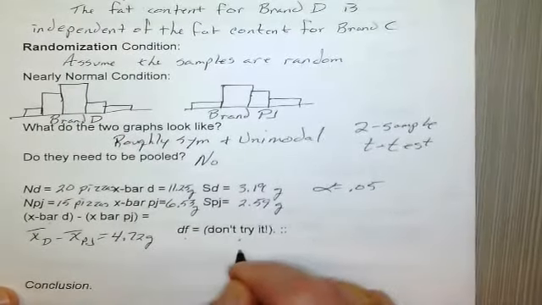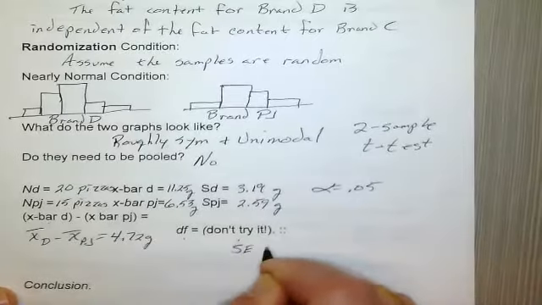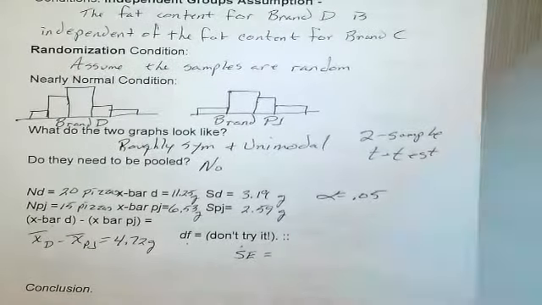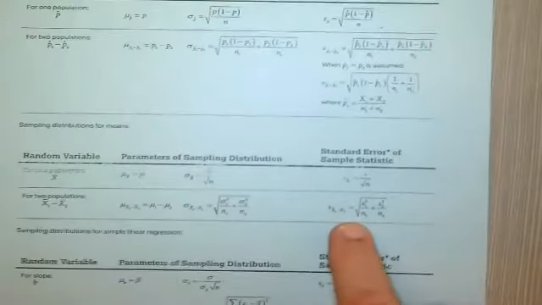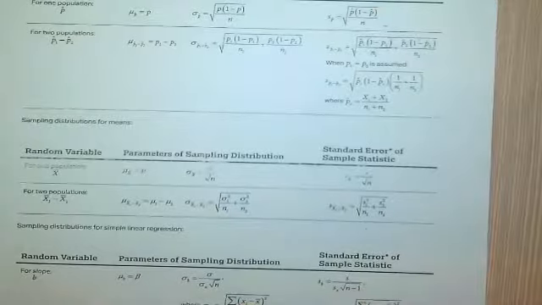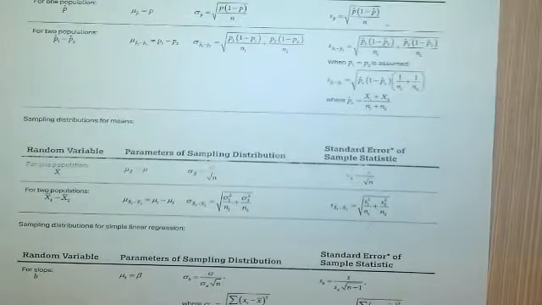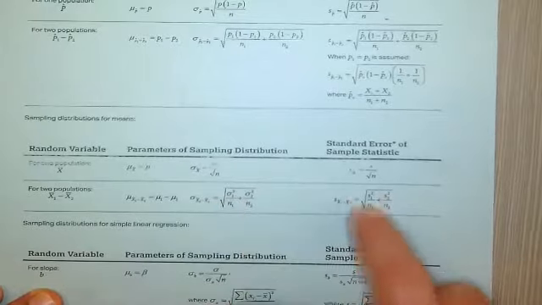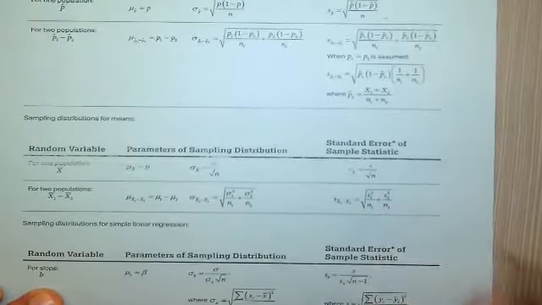So now let's do our calculations. Our standard error is found by using our formula page. And here on our formula page, we're using the standard error of sample statistics, also known as the standard deviation of variability. Either of these two are the same thing, but I'm going to write this one.